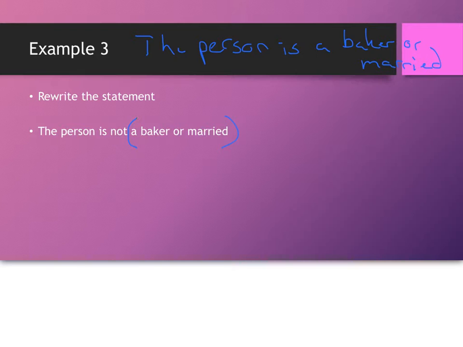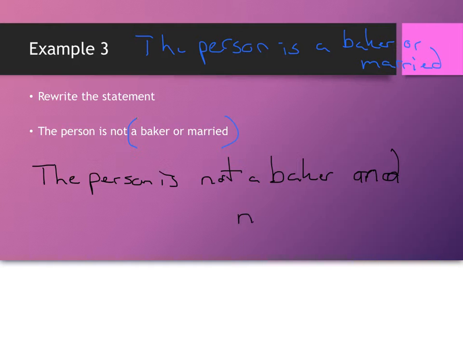So rewriting this statement, which is again negating this, is saying the person is not a baker and not married.